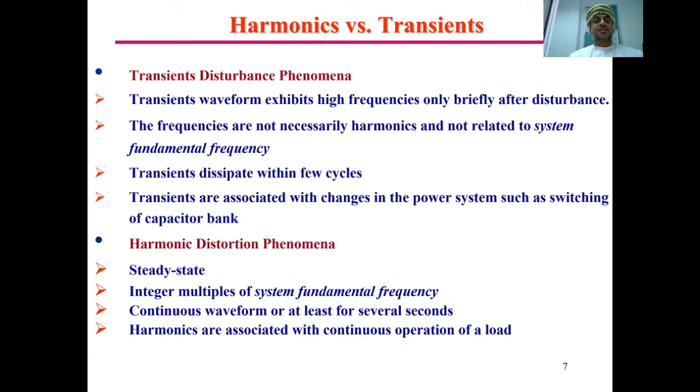What are the differences between harmonic and transient? Transient waveforms exhibit high frequency only briefly after a disturbance, such as when lightning hits the overhead line, so the duration will be a short period of time, but of course that will make a problem to the waveform.